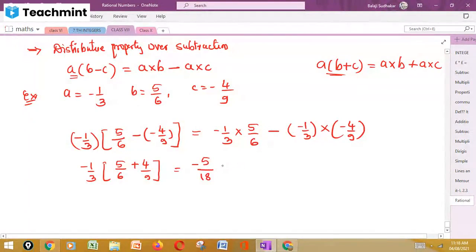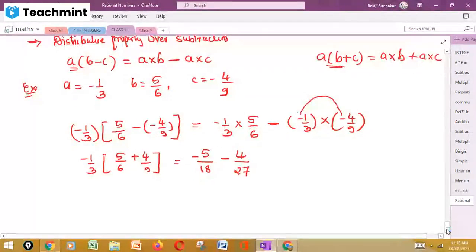Now look at minus into minus, which is plus, and plus into minus is minus. So minus 1 into 4 is 4, and 3 nines are 27.